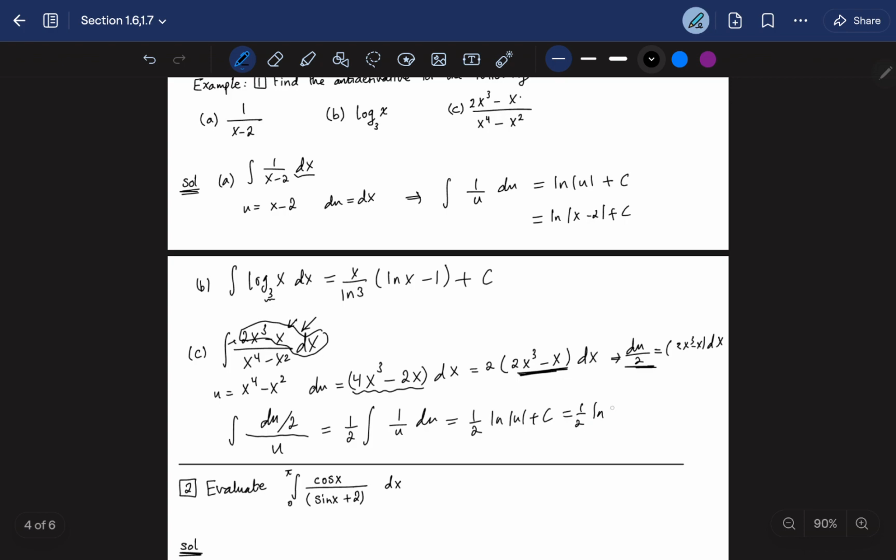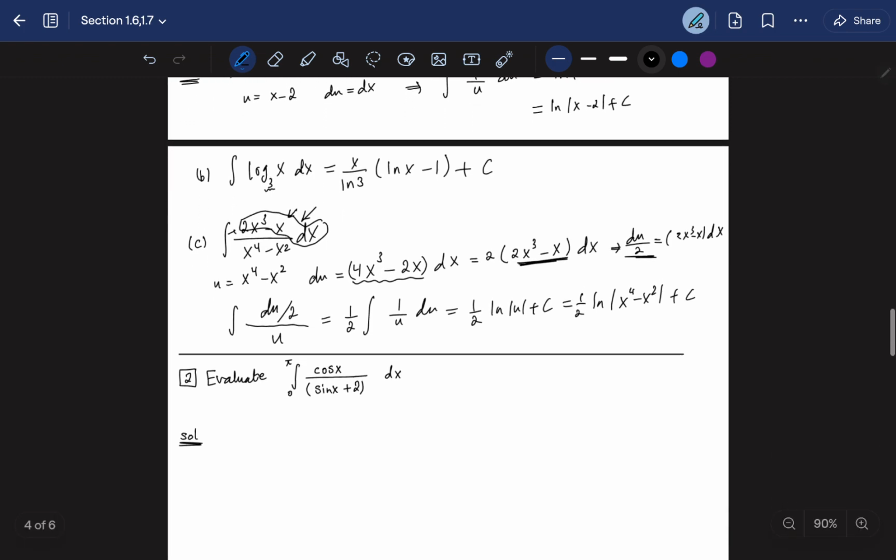And don't forget to plug in the original value of the substitution back in. And that would be it. So it's all about practice. With practice, you'll notice these substitutions very easily.